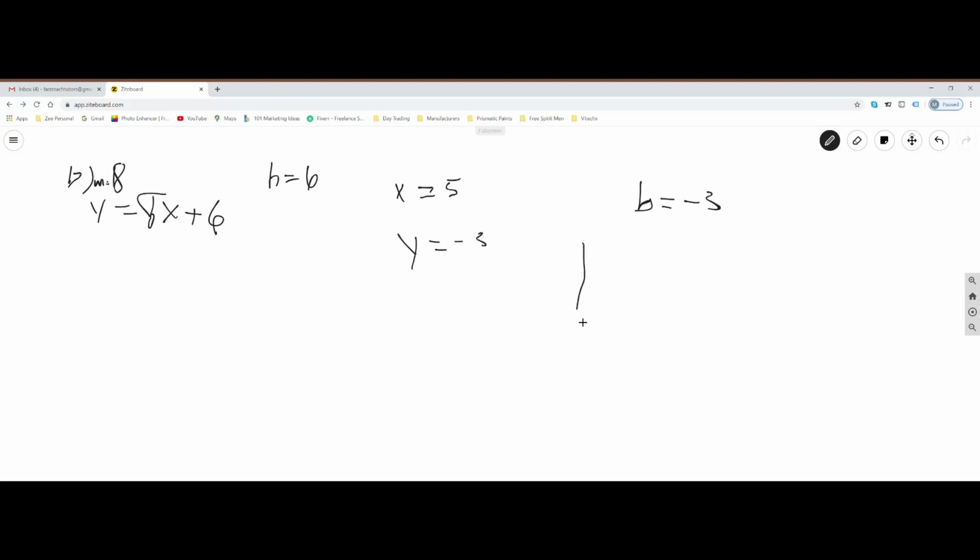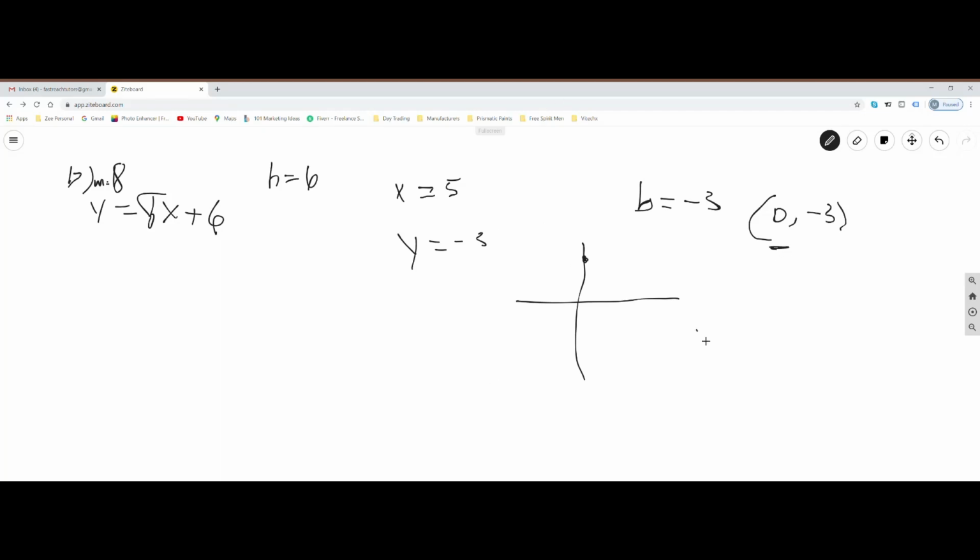When you think of a y-intercept, this is an example of a y-intercept. Whenever there's a y-intercept, x is always 0. So the point would be (0, -3). So for y-intercepts, the x is always 0.